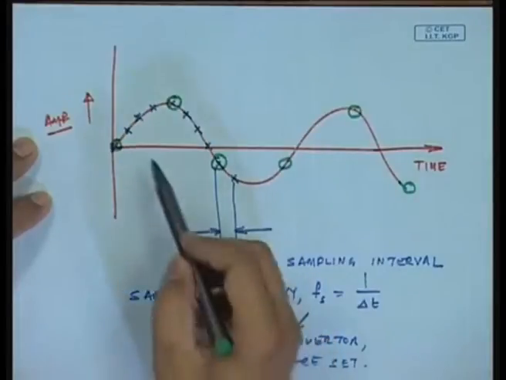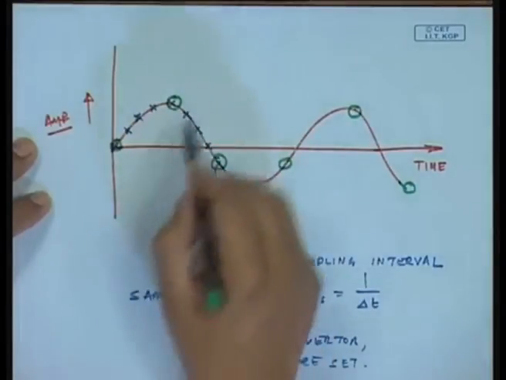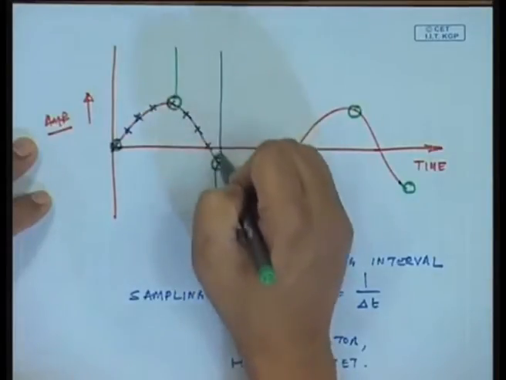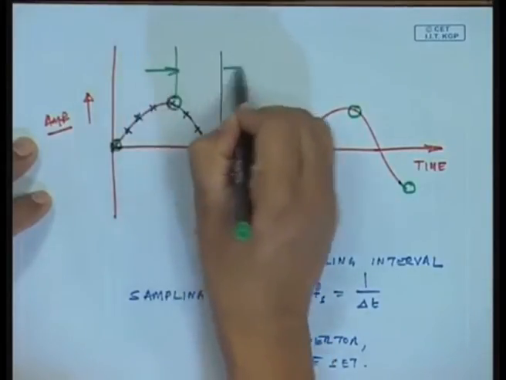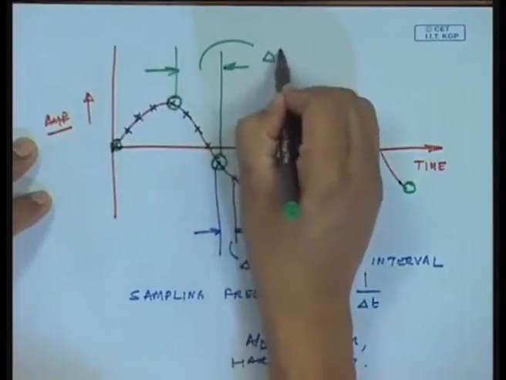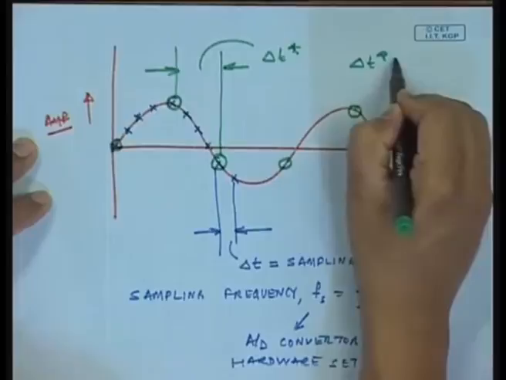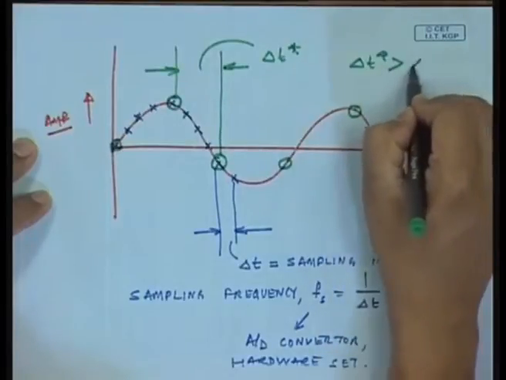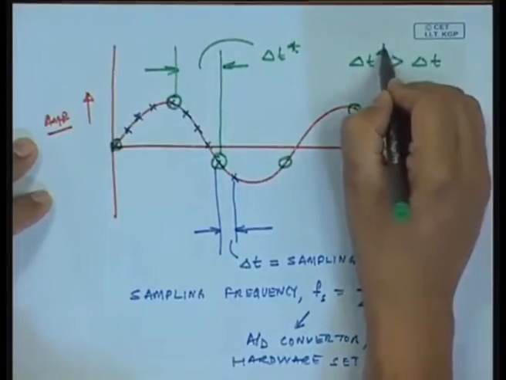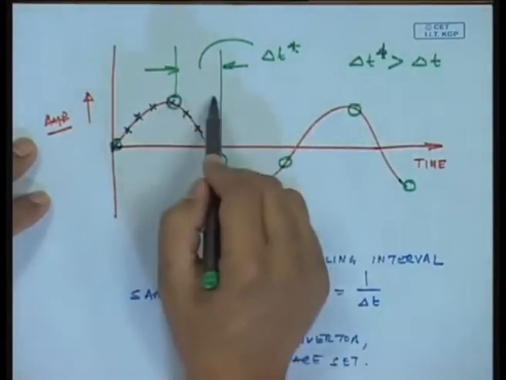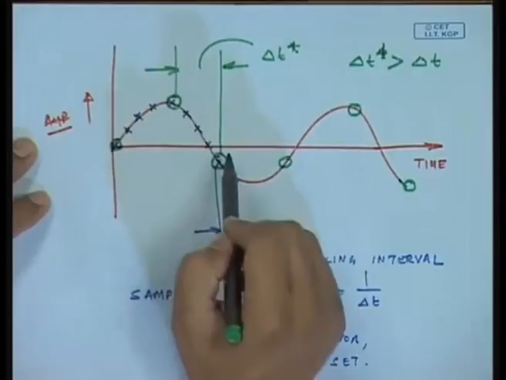So, my computer, and they are fixed at some other new interval, say this interval now is delta t star, where delta t star is greater than delta t. So, this is a higher sampling interval shown by the green circles.